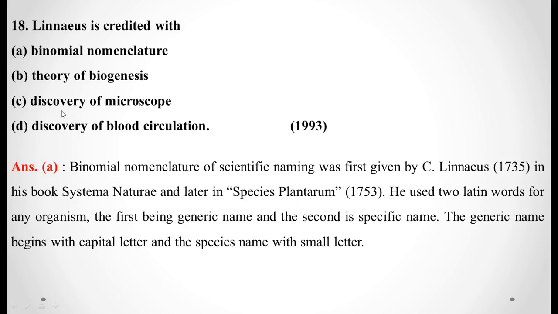Binomial nomenclature, or scientific naming, was first given by Carl Linnaeus in 1735 in his book Systema Naturae and later in Species Plantarum in 1753. He used two Latin words for any organism. The first is the generic name, the second is the specific name. The generic name begins with a capital letter and the species name with a small letter.